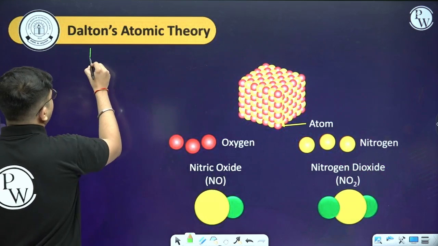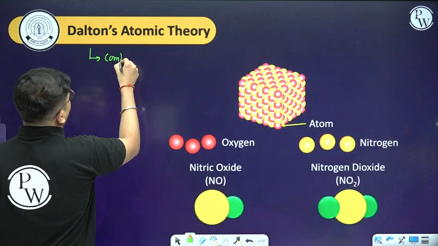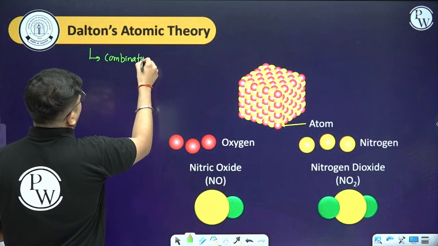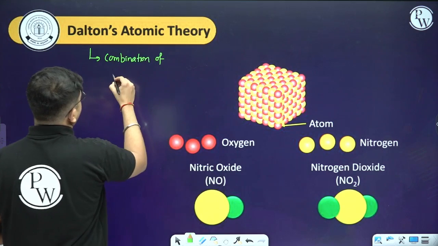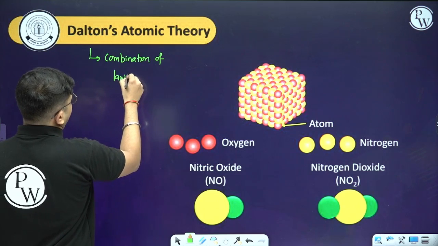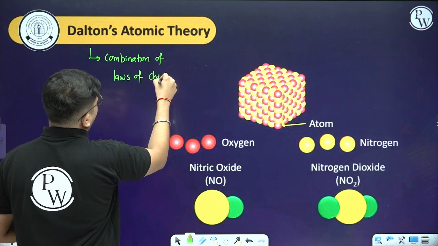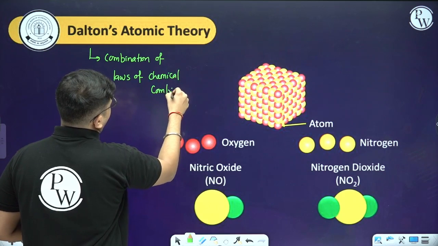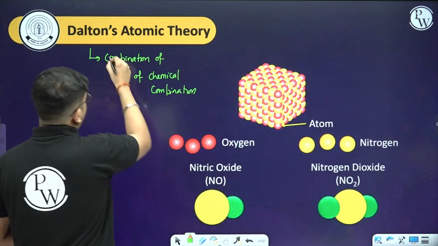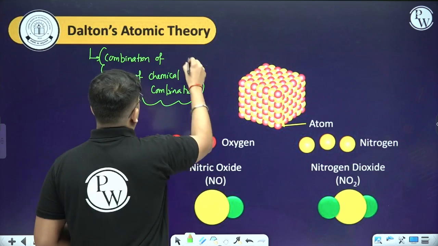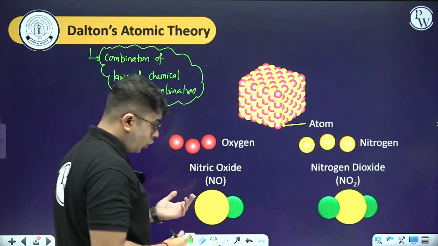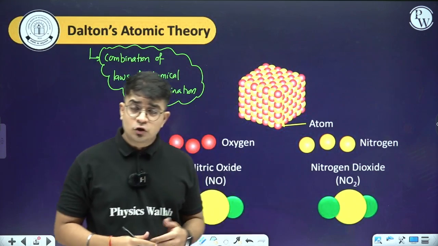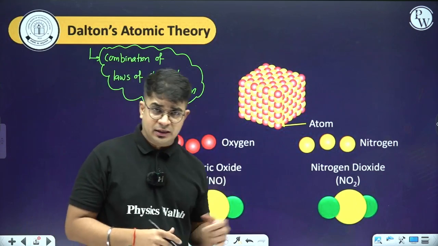and it is basically the combination of laws of chemical combination, which consists of your law of conservation of mass, law of definite proportion, law of multiple proportions, all these things.